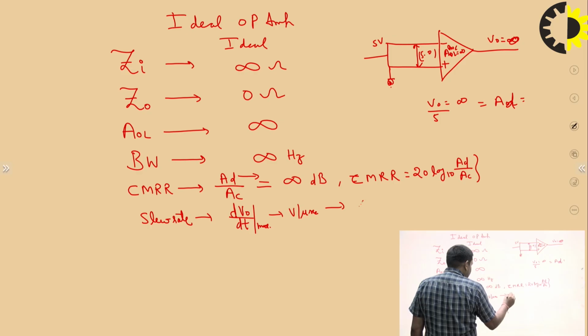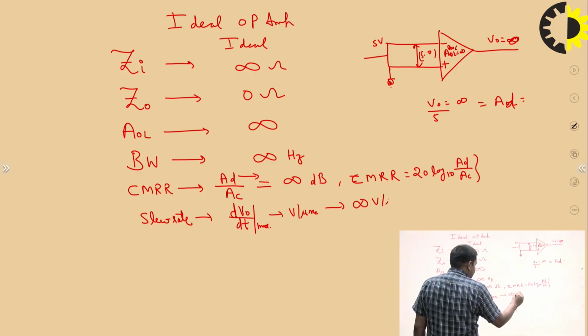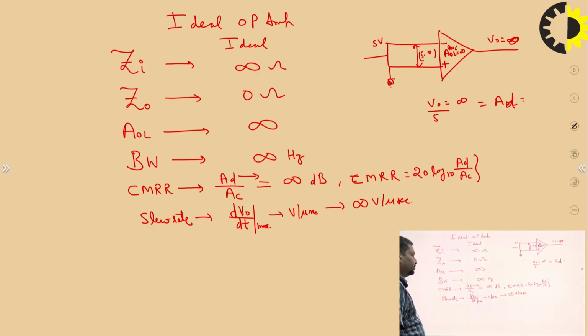That means this is infinite volt per microsecond for an ideal op-amp. If we choose a practical op-amp, the slew rate should be high. That means that particular op-amp is less sluggish compared to the others.